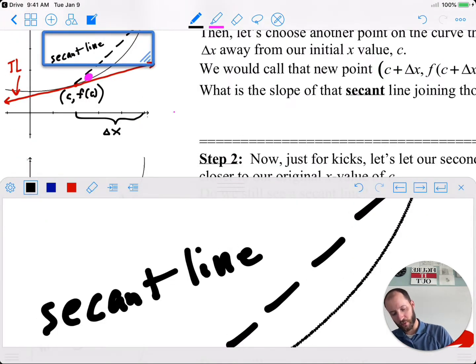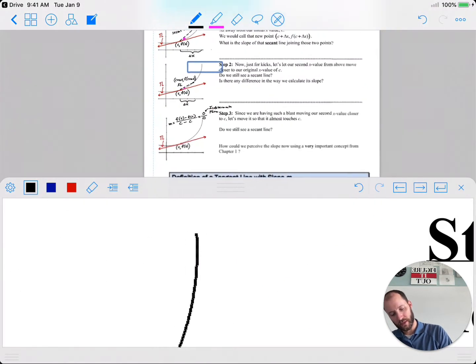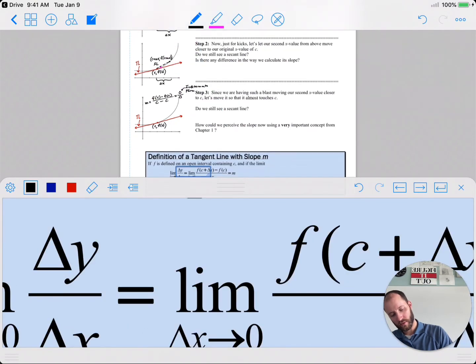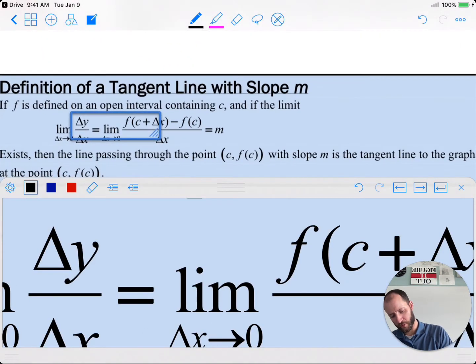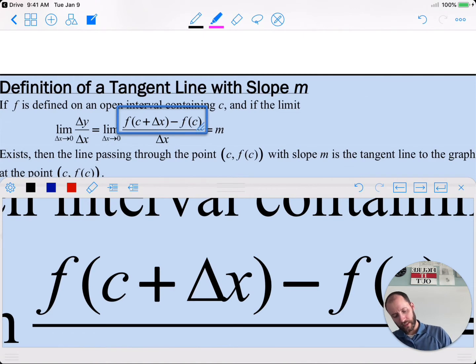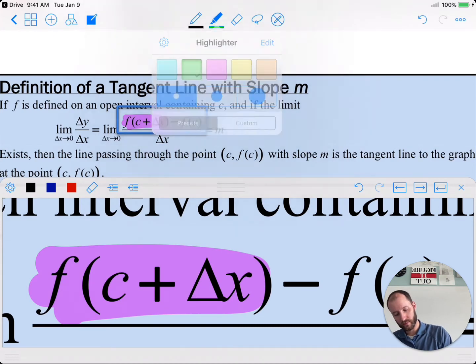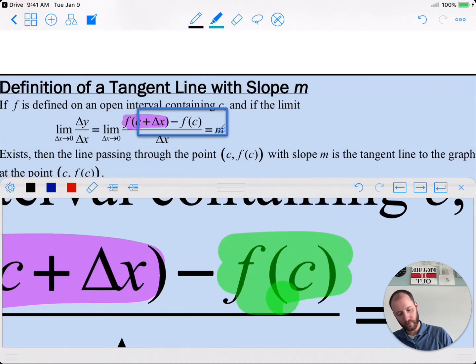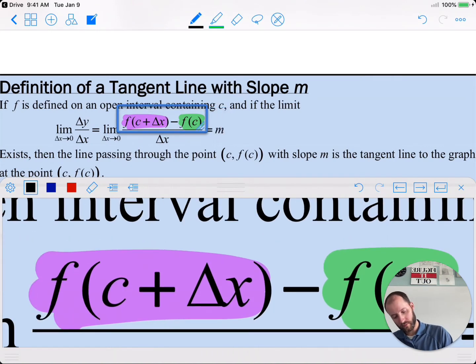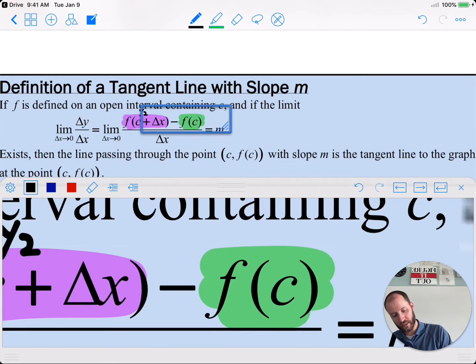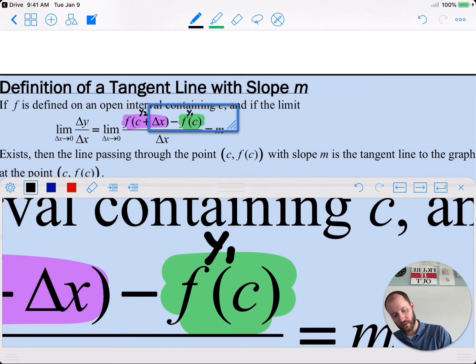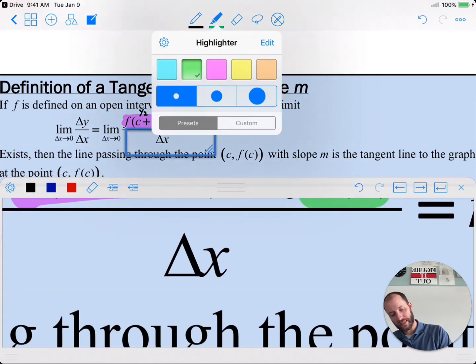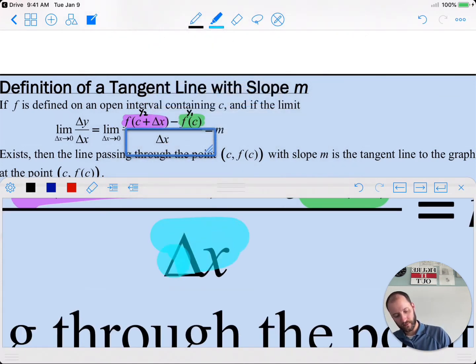Now this slope formula, wow, that brought me back up there. Come on down. Okay, now this slope formula still has y2, this is y2, this is y1. It still has x2 minus x1.